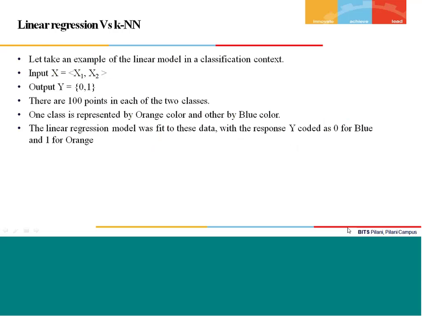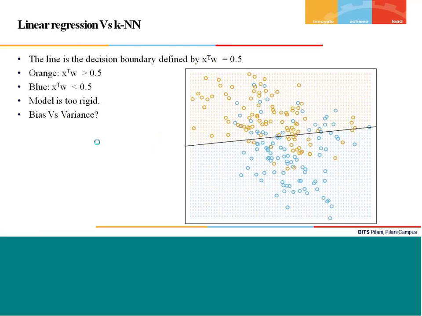There are 100 points in each of the two classes, so altogether 200 points. One class is orange and the other class is blue. When I code it in my computer, I denote blue by 0 and orange by 1. Now if I plot these in two-dimensional space, these are my 200 points.